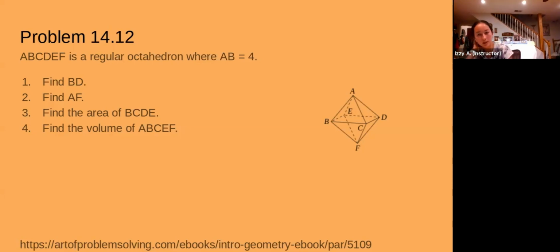The area of a base is 4 squared, which is 16. So the volume of each pyramid is 16 times 2 square root of 2 divided by 3, which is 32 times the square root of 2 divided by 3. So the octahedron has the volume 2 times 32 square root of 2 divided by 3, or 64 times square root of 2 divided by 3.